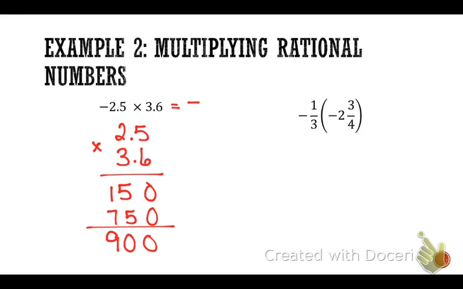No, what did I forget? How do I know how many decimals? How many decimals are in the numbers multiplied? 2, so I put 2 decimals in my answer. So my answer is -9. Remember, come back up there and don't forget the negative. -9.